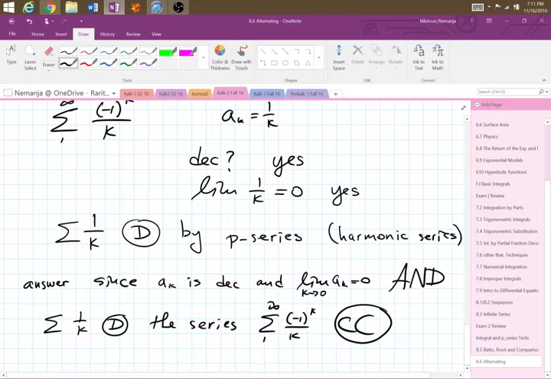And negative 1 to the n over n is this one, right? So both of these are convergent sequences. But this is a divergent series, and this is a conditionally convergent series as a series.